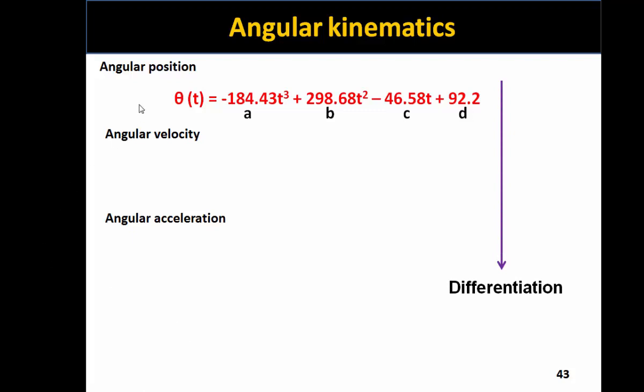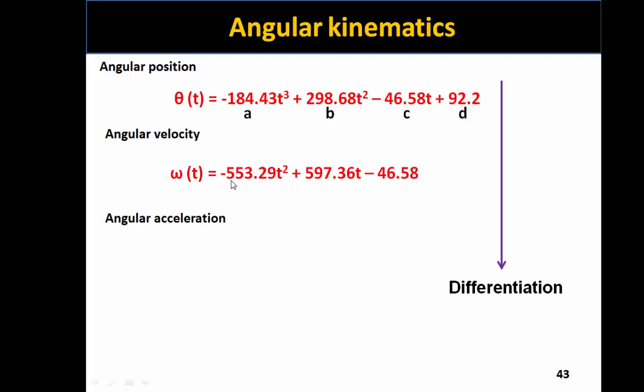To derive velocity from position and then to derive acceleration from velocity, this is a process called differentiation, where we essentially compute slopes throughout the entire curve to generate a new function. And that new function for angular velocity is presented right here.